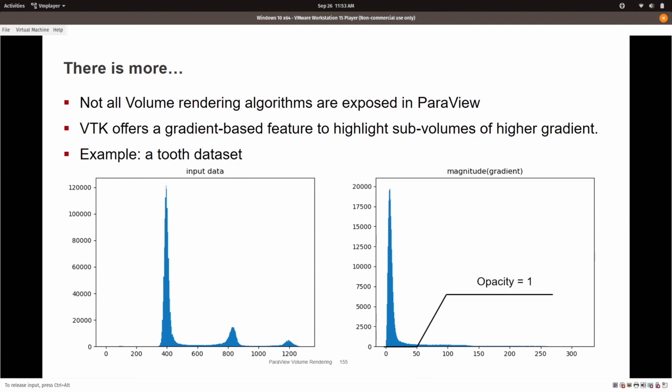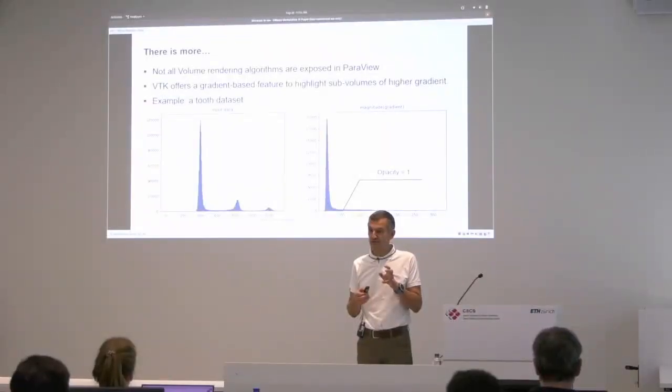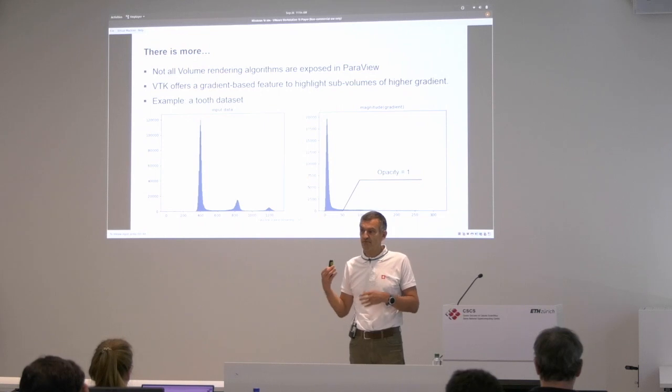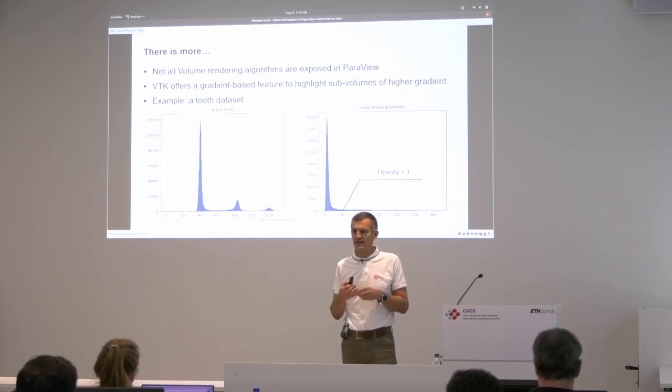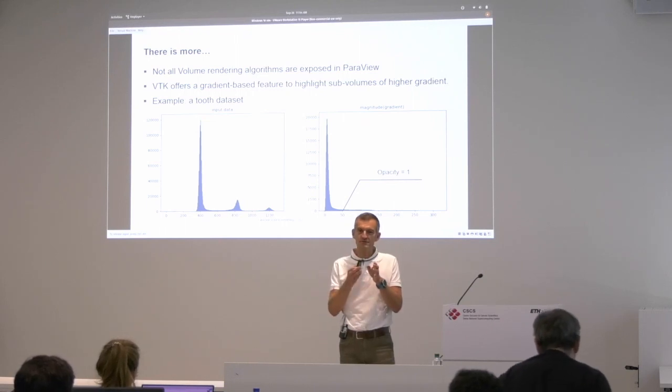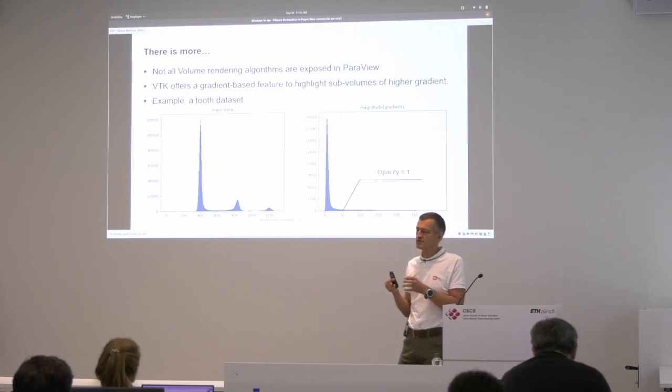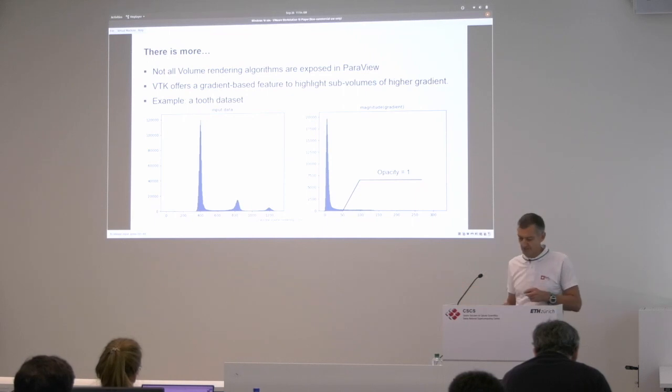This is why I was telling earlier, to do volume rendering, you can try different things. If you know some specific features about your scalar field, if you use a histogram, if you use other analysis technique, then you can focus your attention on those particular scalar values.